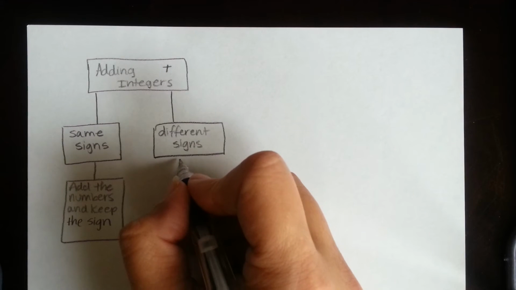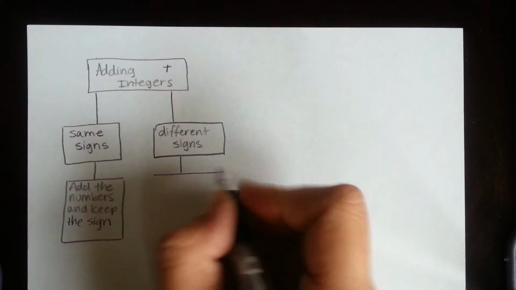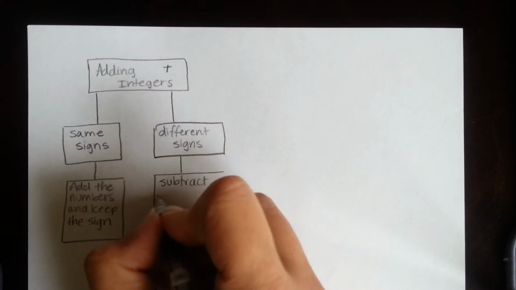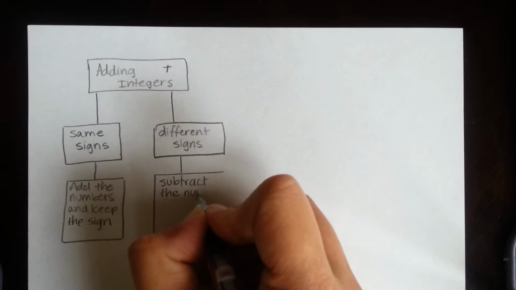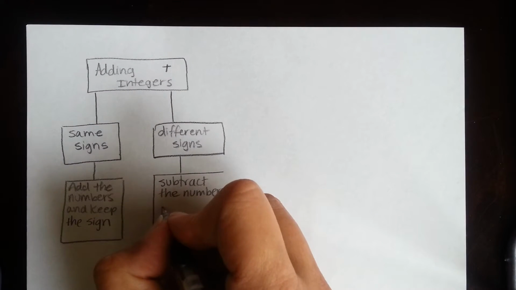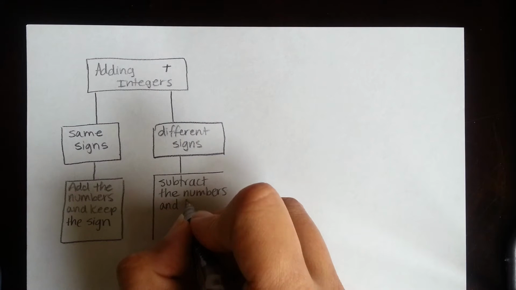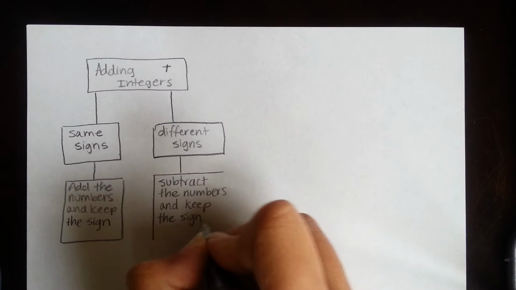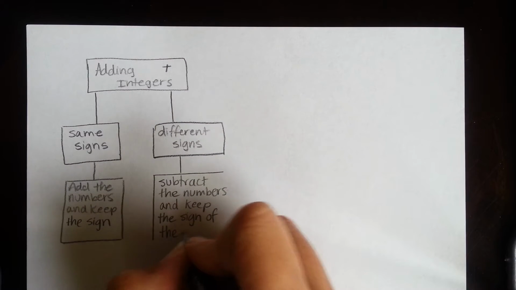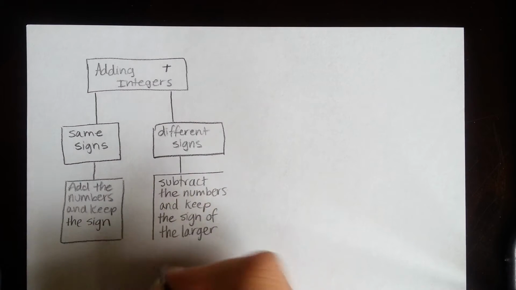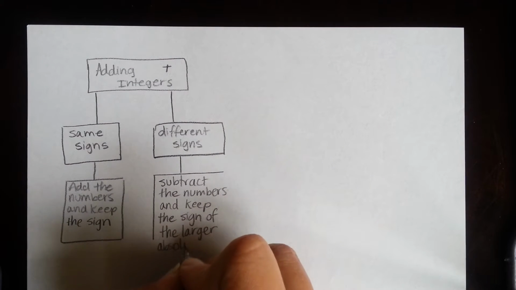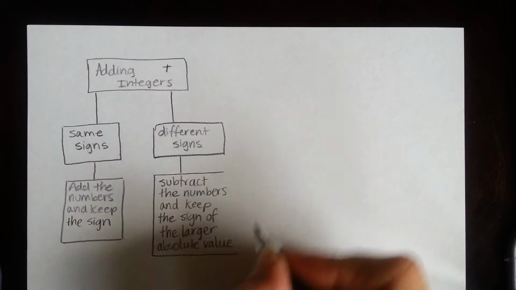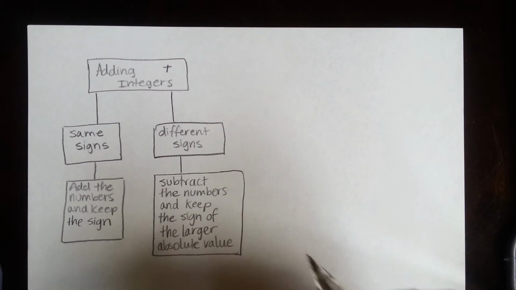If I have different signs, I'm going to subtract the numbers and keep the sign of the larger absolute value.